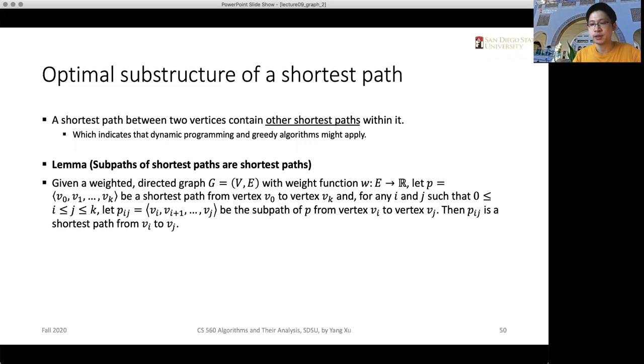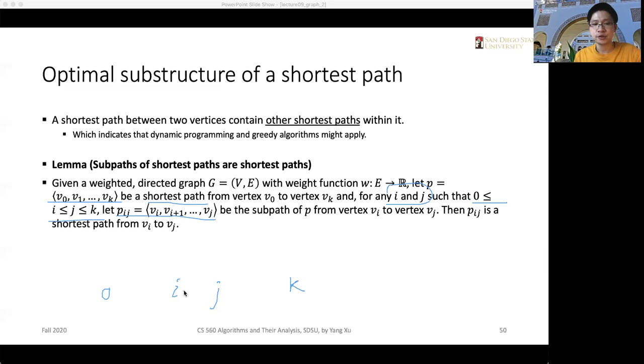We're not going to prove it, but it basically says that given the shortest path from the vertices v0 to vk, so it's already a shortest path, and for any i and j between 0 and k, where 0 is at the left end and k is at the right end, then we let the path from i to j be the subpath.